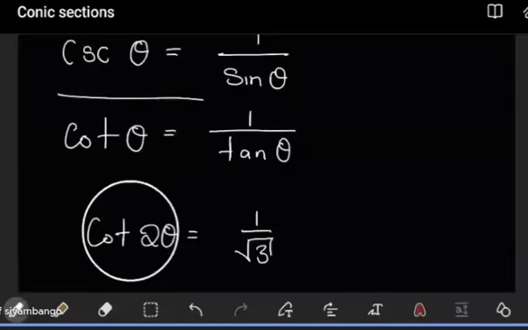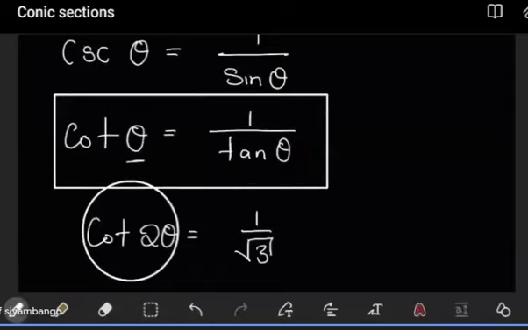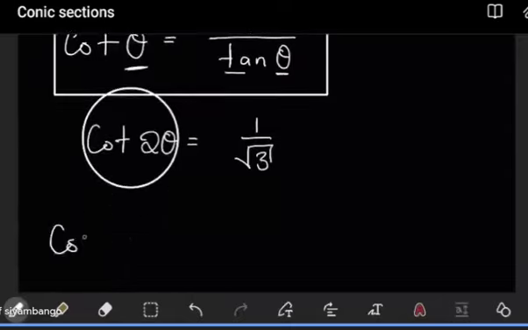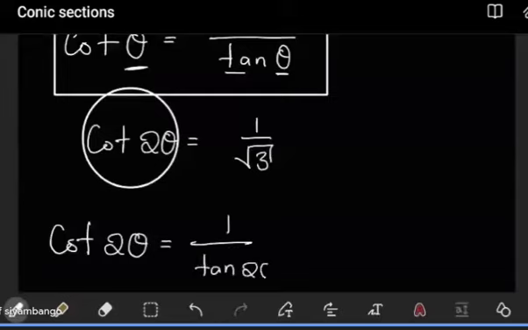Based on this relationship, if you have cot some angle theta, that can be written as 1 over tan that same angle theta, implying that if you have cot 2 theta, this is the same as 1 over tan the same angle 2 theta. Have you got it now? Are we okay now?